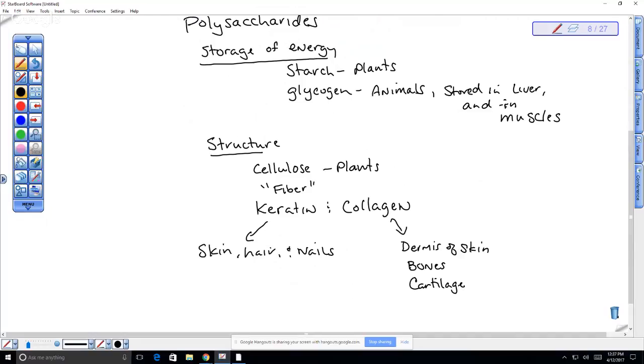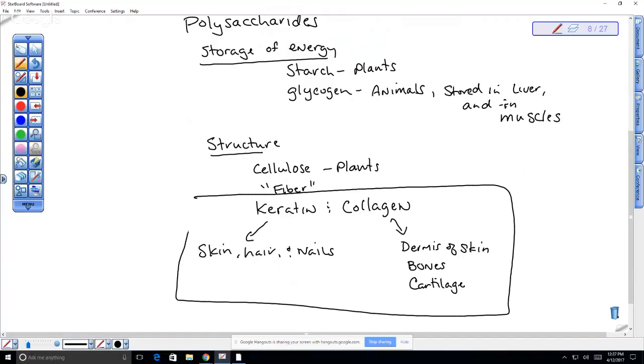Wait a minute, I'm confused. Oh, I knew that wasn't right. Okay, I'm talking about proteins and I'm talking about polysaccharides as if they're the same thing. Sorry, these are structural proteins, not polysaccharides.